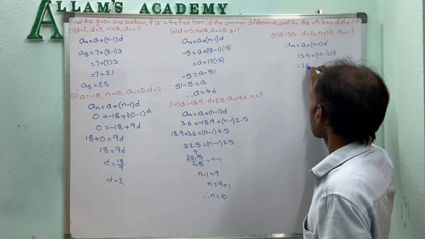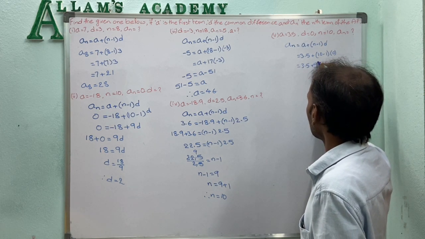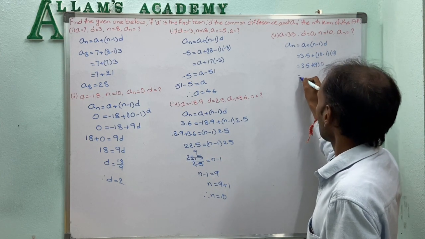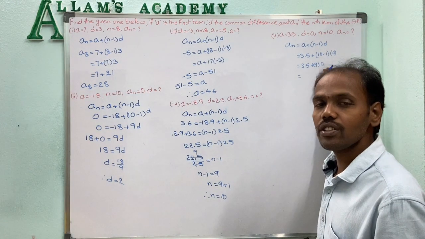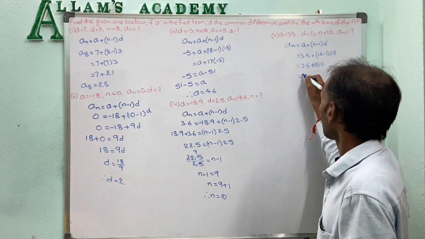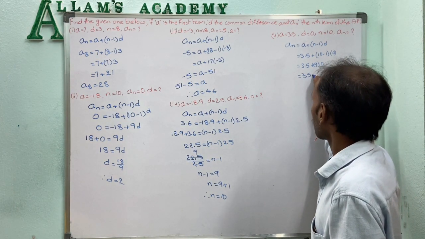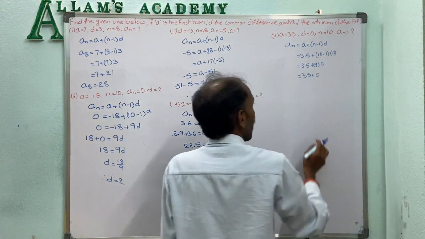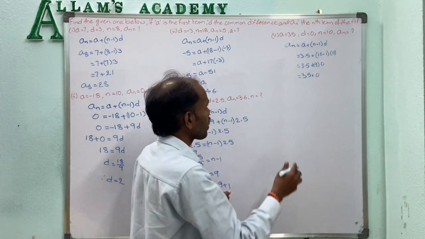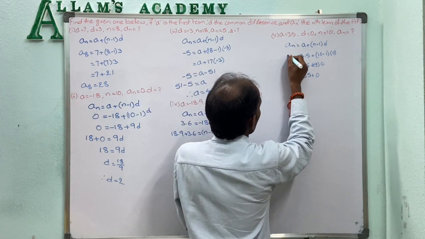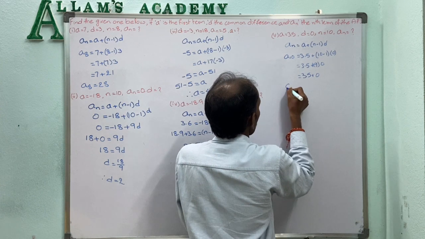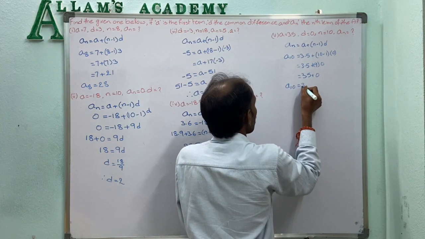So 10 minus 1 is 9. 9 into 0: any number multiplied with 0 gives 0 only. That means 3.5 plus 0. Any number added with 0 gives that number only. So a10 is equal to 3.5.